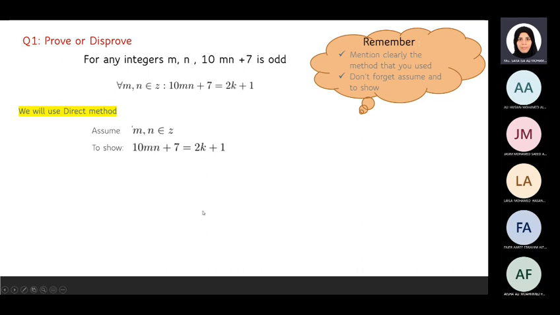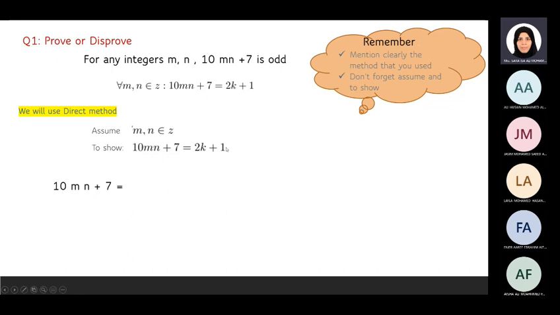Direct means I take the left-hand side and I try to simplify it to reach the right-hand side. So I will start with 10mn plus 7 equal to, and I will do some mathematical simplification to get the form 2k plus 1. My goal is 2k plus 1. What I have here is plus 7.